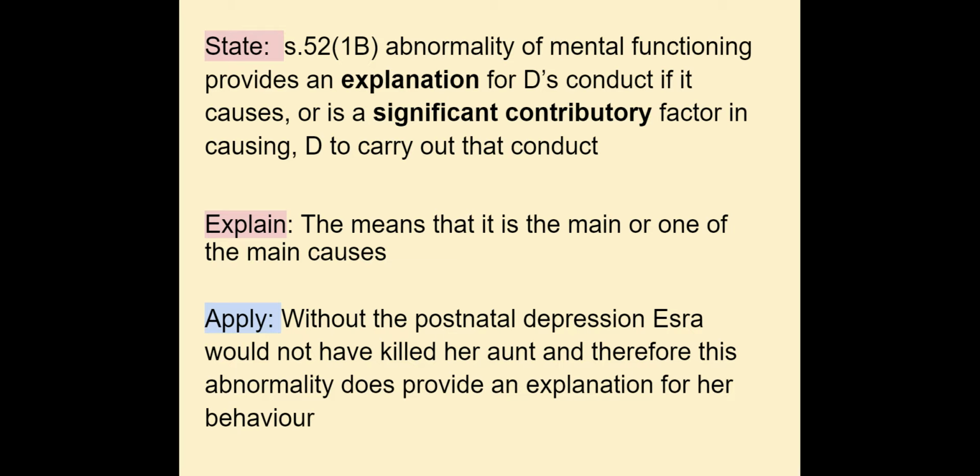And we can apply this by saying that without the postnatal depression, Ezra would not have killed her aunt, and therefore the abnormality does provide an explanation for her conduct. It provides the explanation for the killing. And therefore you can state that Ezra is likely to be able to use the partial defence of diminished responsibility, and therefore is likely to have a partial defence to murder, meaning that her sentence would be at the discretion of the judge.